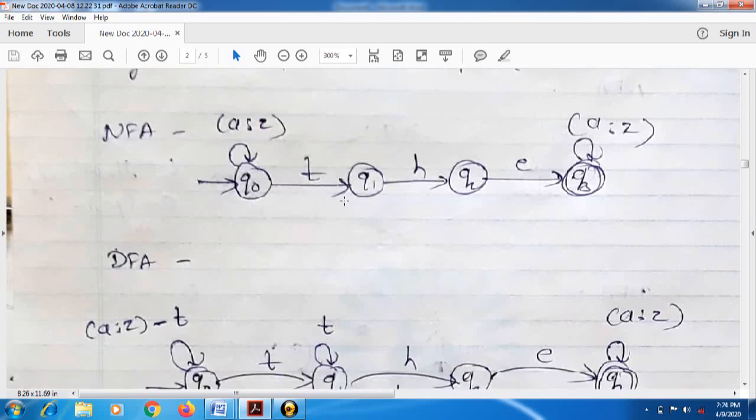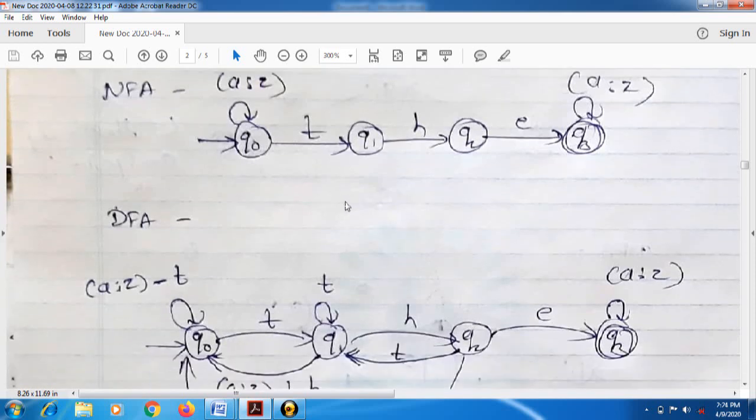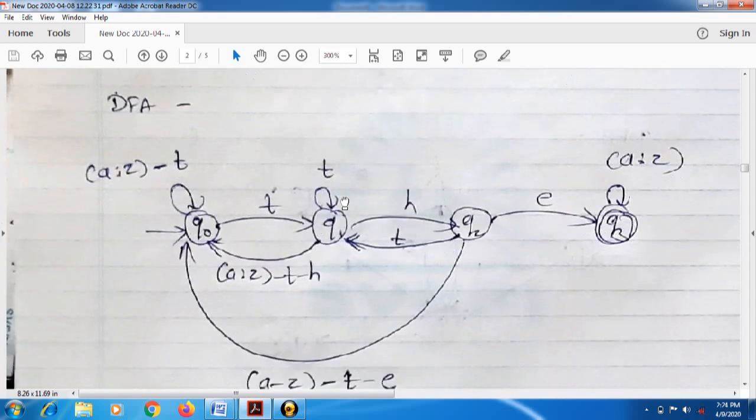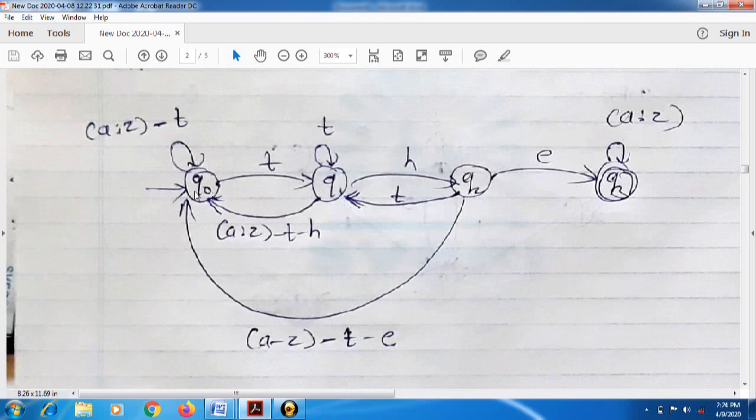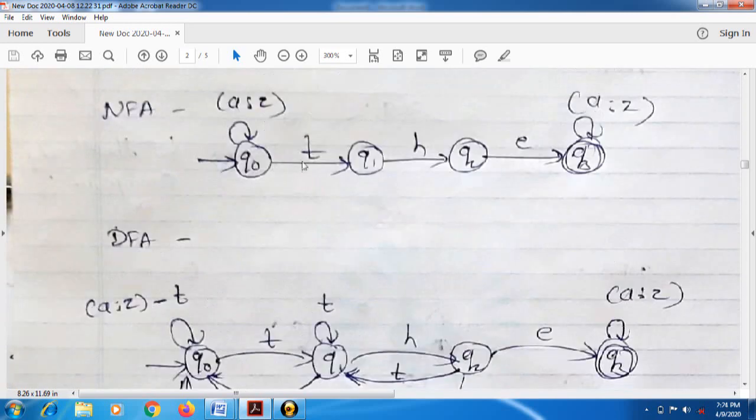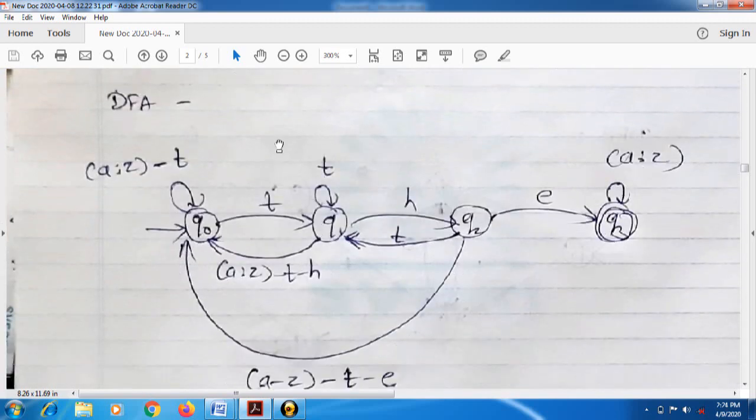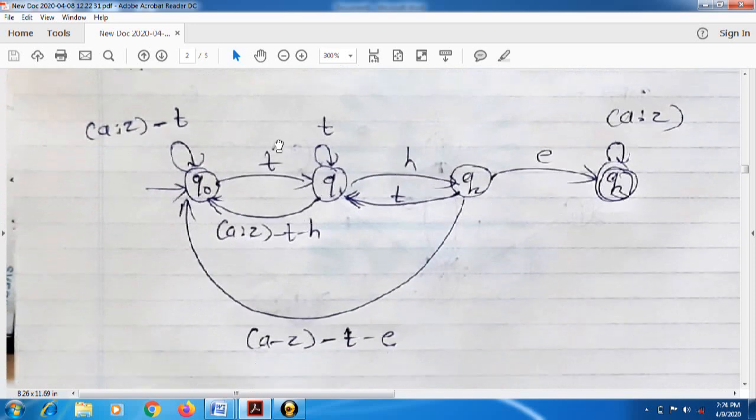Drawing the NFA for such an example is easy, but while drawing its DFA we have to consider all the cases. Q0 to Q3, THE is easy, but whenever we are considering DFA, you can directly convert NFA to DFA with the help of the subset construction algorithm, or you can directly draw its DFA by taking all the possibilities.